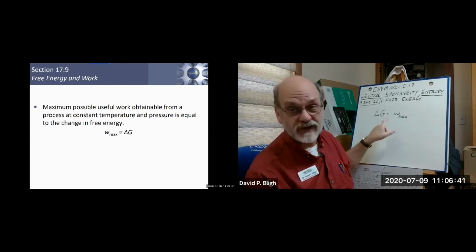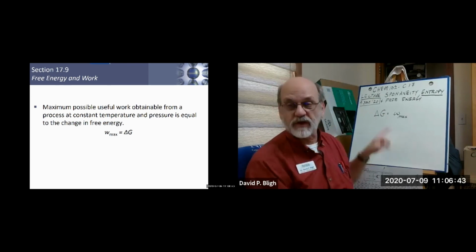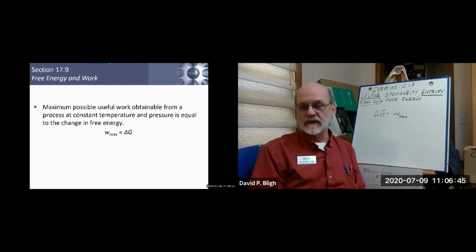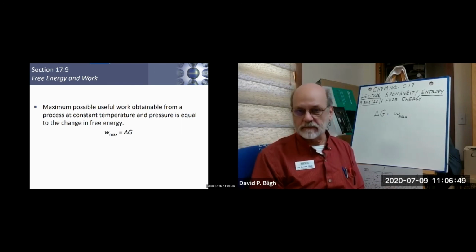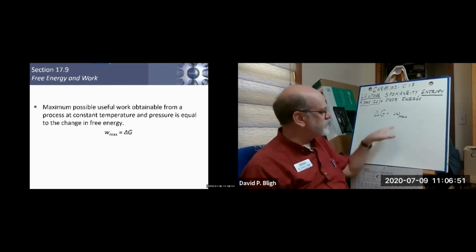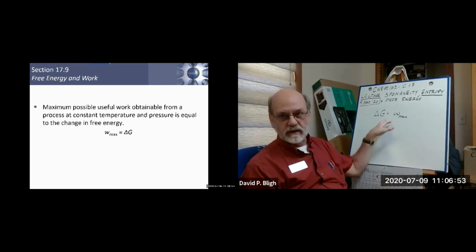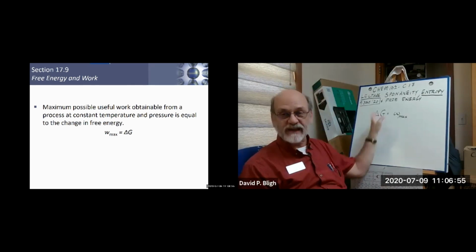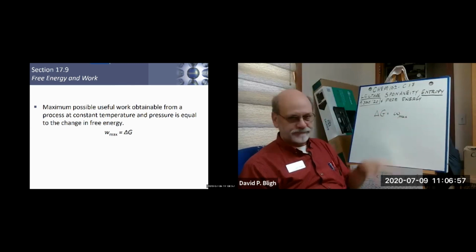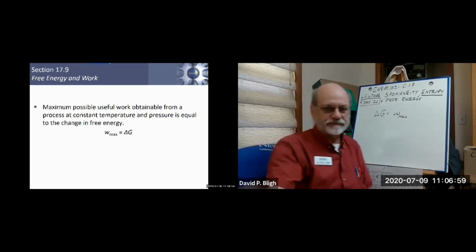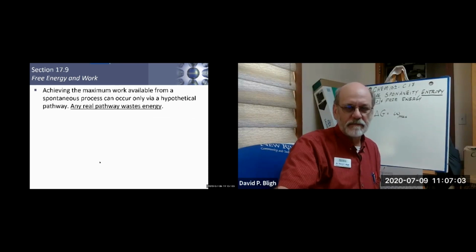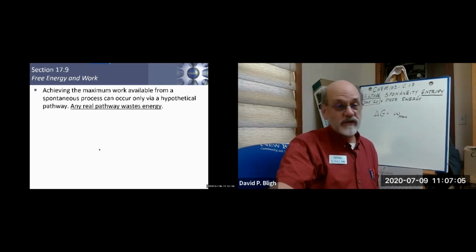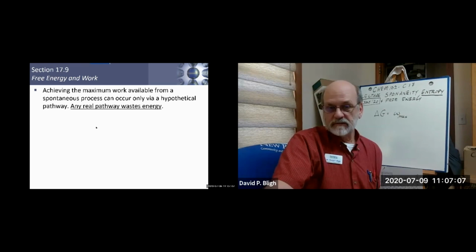That doesn't mean that you're going to get all of it out, because what have we left out of this? Well, energy losses such as friction, right? So this is the maximum amount of work. Delta G will supply a maximum amount of work under certain conditions.